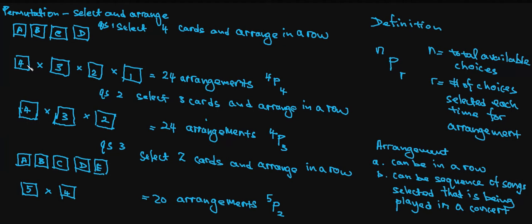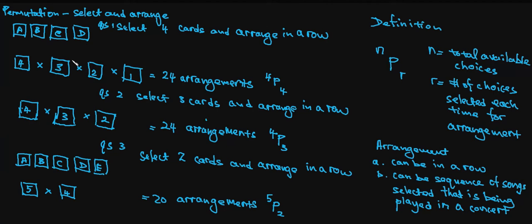Now, why you multiply them together is this. Let's say I put an A here. This is 1 choice. When this first card is A, there are 3 times 2 times 1, so 6 variations that are possible with A as the first card.